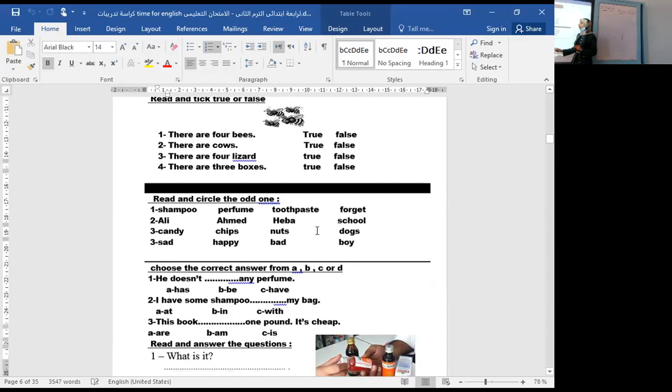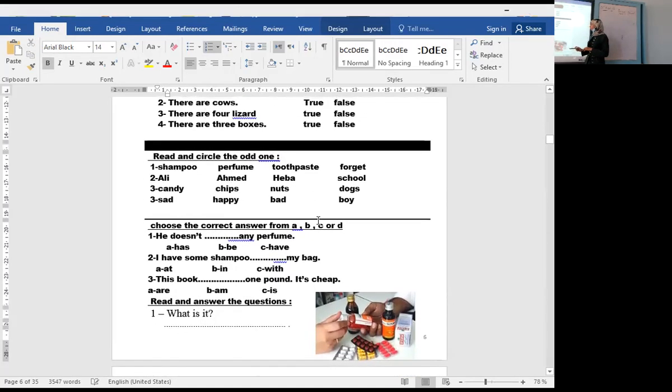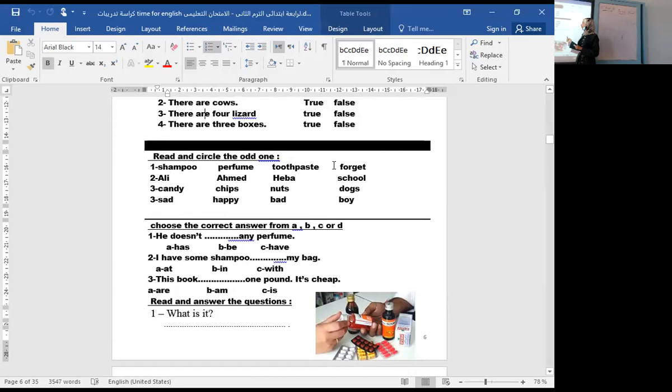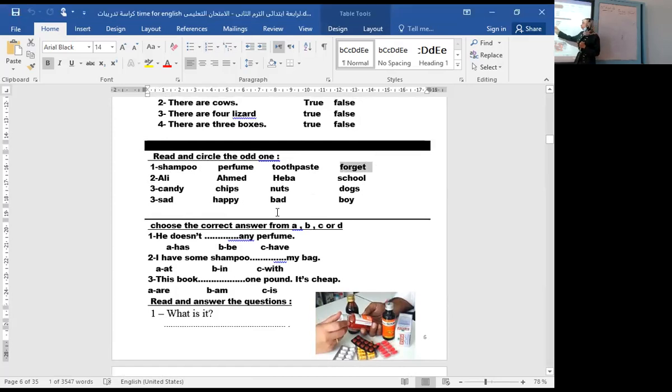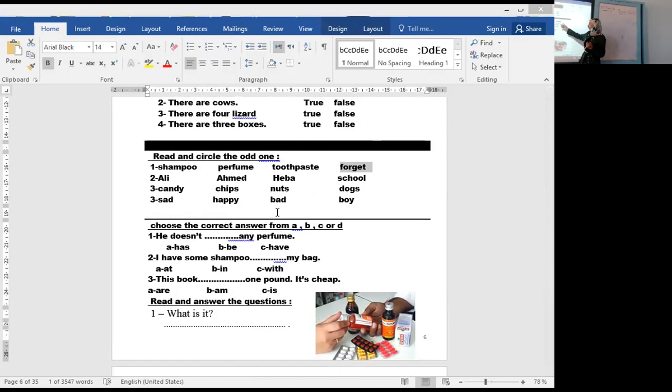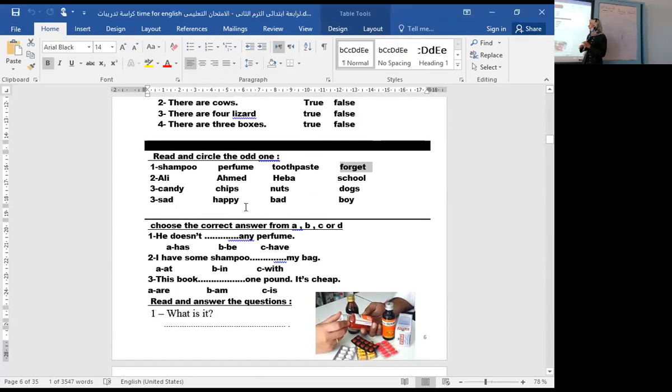Read and circle the odd one. The first question, shampoo, perfume, toothpaste, and forget. So what is the odd one? Forget. Why? Because toothpaste, perfume, and shampoo are all nouns, but forget is a verb.